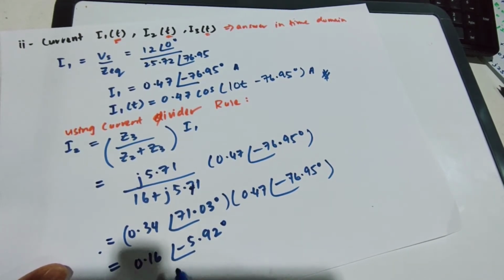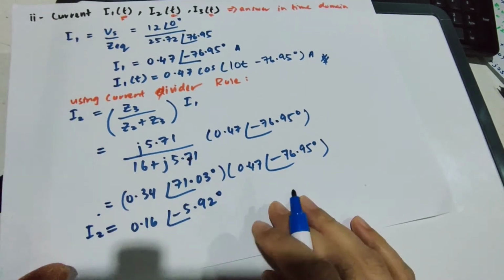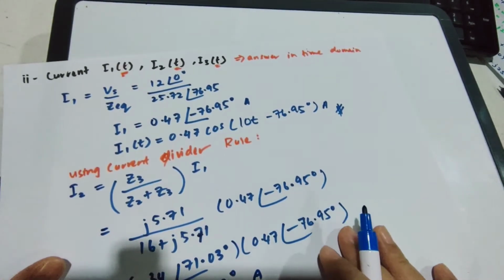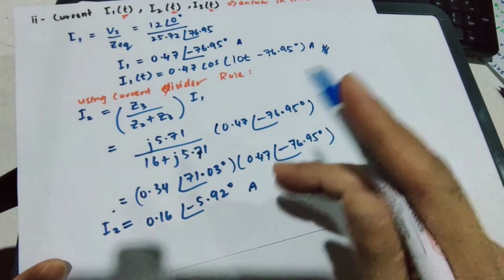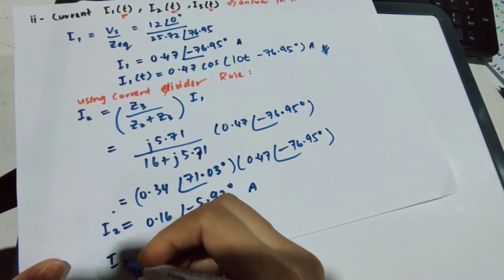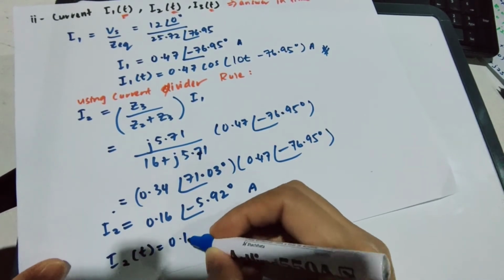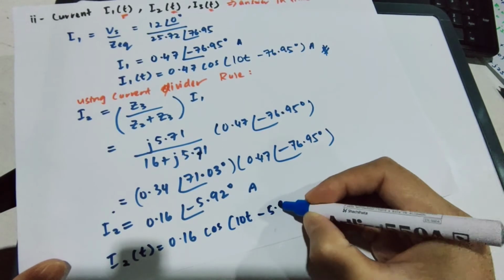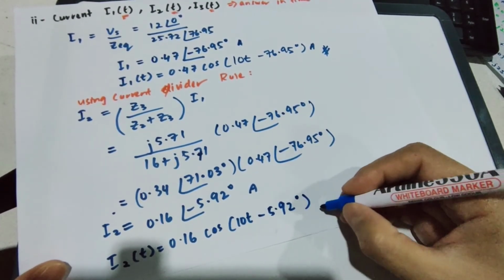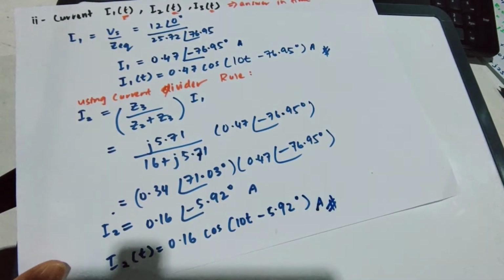This is I2 in amperes, but like I1, the answer should be in time domain. So simply change it into time domain form: i2(t) equals 0.16 cos(10t minus 5.92). Alright, this is the answer for I2.